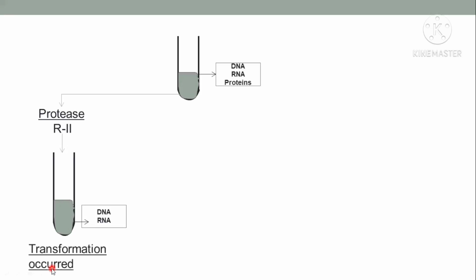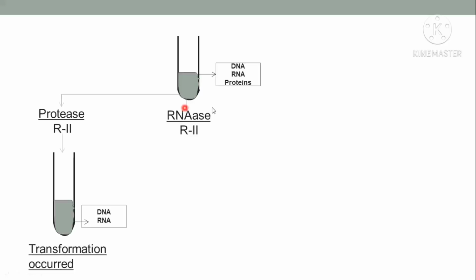That is, R2 got transformed into live S3. As conversion is happening even though protein is absent, protein is not the transforming agent.